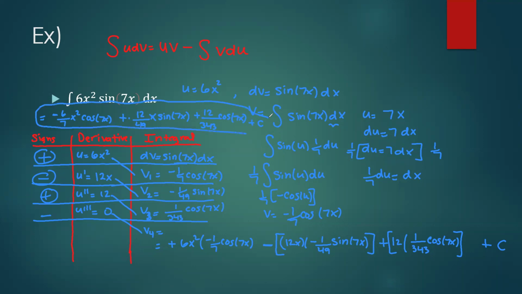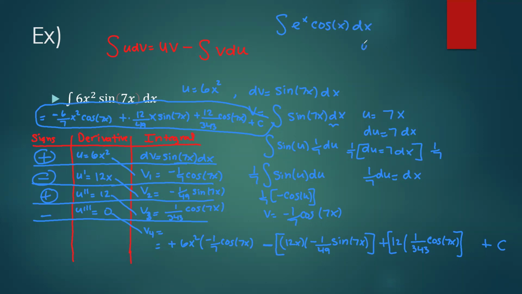So this is tabular method, and like I said before, tabular method doesn't always work. Your u prime eventually has to be 0. So if this u continues, it wouldn't work. What would be a good example? An example where tabular method wouldn't work would be the integration of e to the x cosine of x dx.